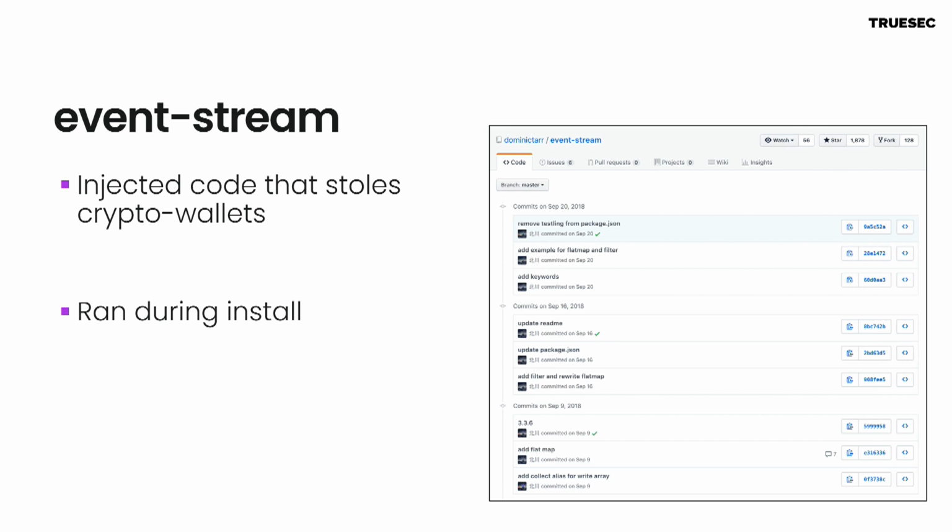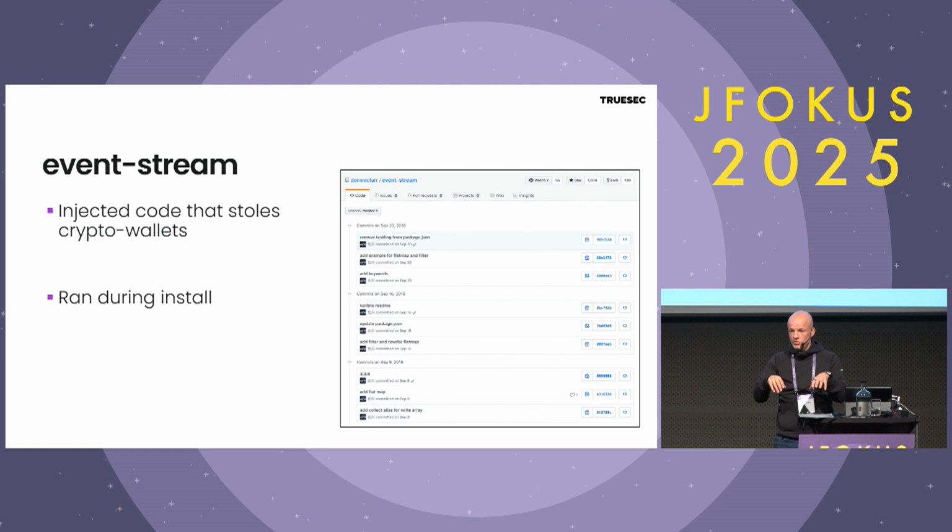And they pulled down this flatmap third-party component, which actually had a post-install step in the npm package.json, which injected code that stole crypto wallets. Also a really sophisticated attack, but it was done because someone just cloned something and then ran npm install and stuff ran. In 7 days, it stole a lot of money. Interesting attack, but something that we really should consider.